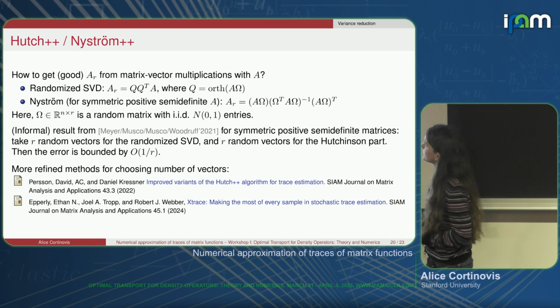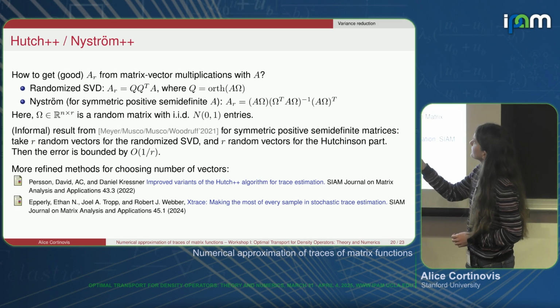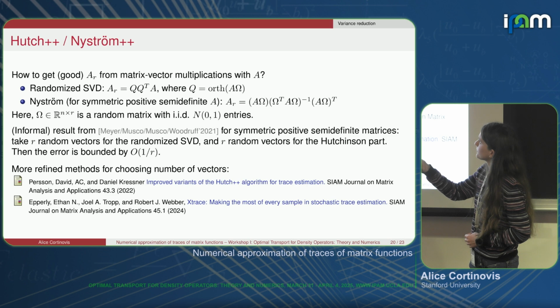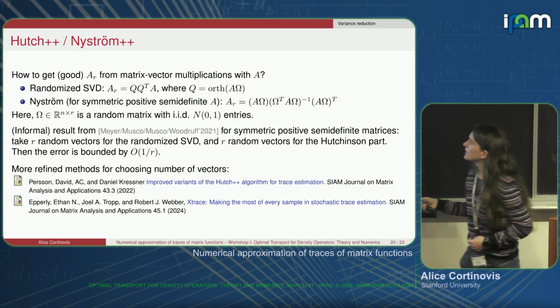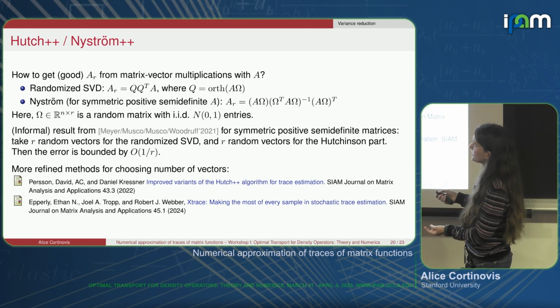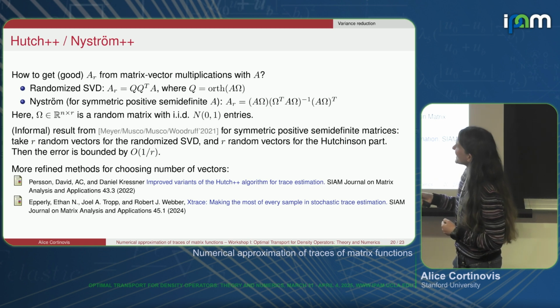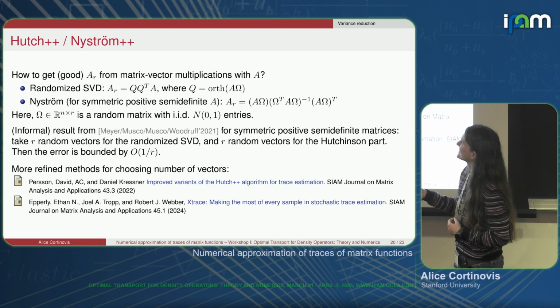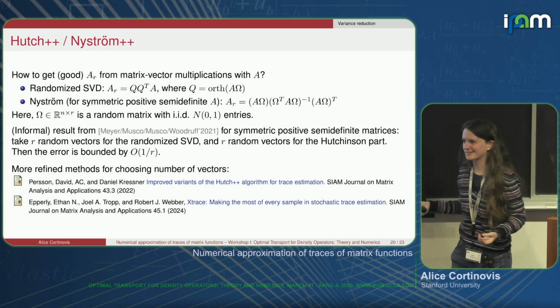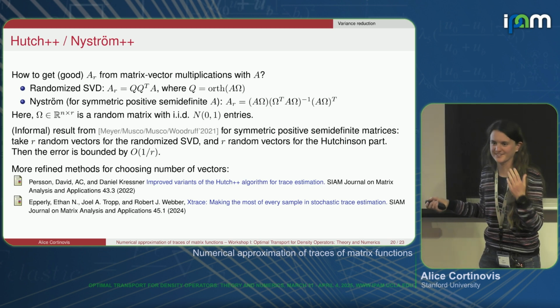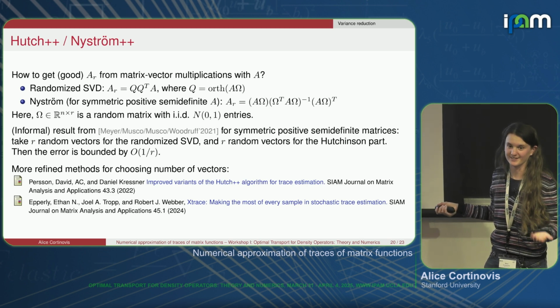Then you take the product of A, the big matrix, with this omega, which is tall and skinny. Then you compute an orthonormal basis of that, let's call it Q, and then your low-rank approximation can be taken as Q transpose A. This is cheaper than making it converge to the first singular values, the first eigenvectors, sorry.